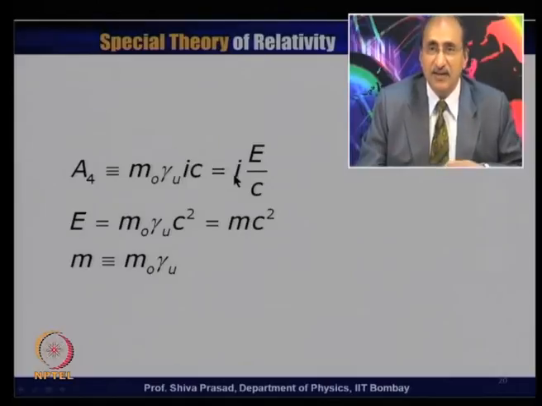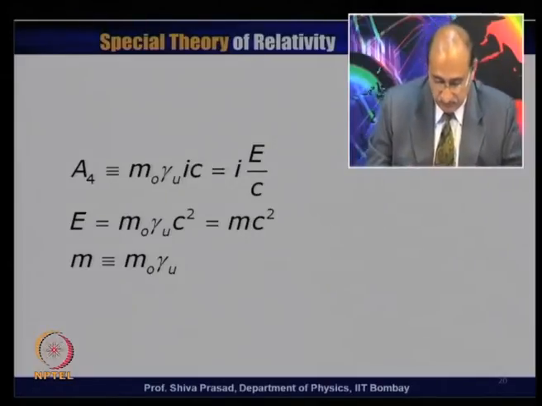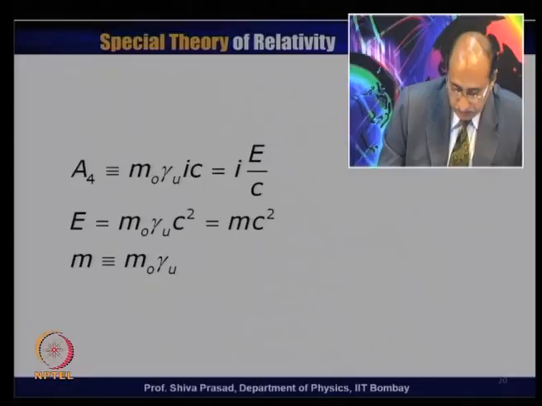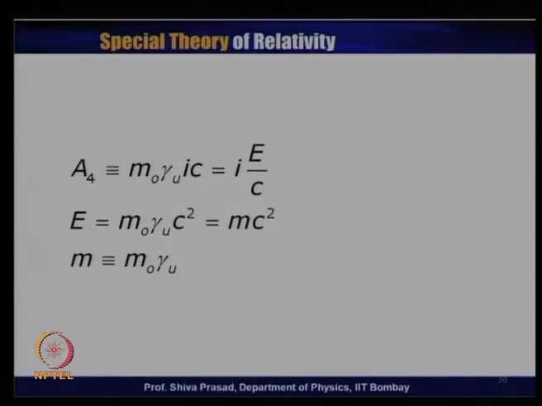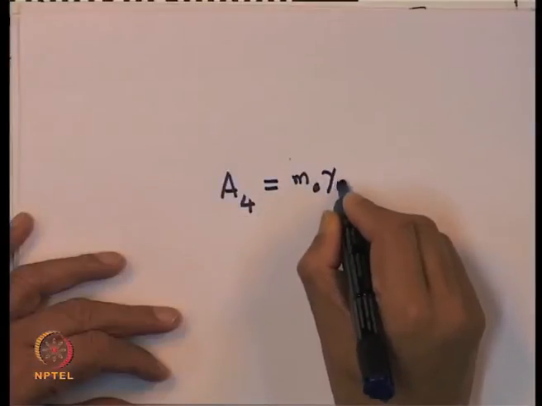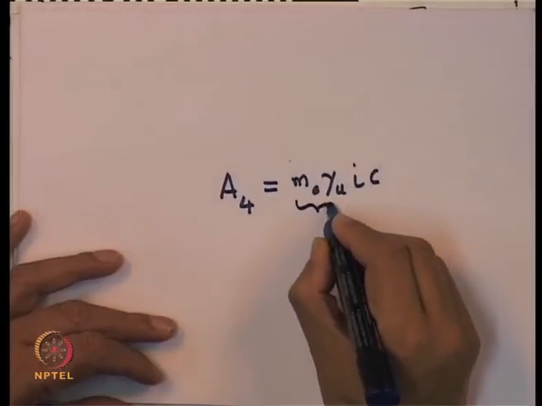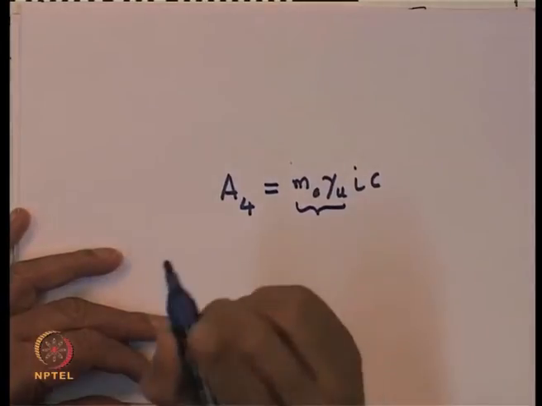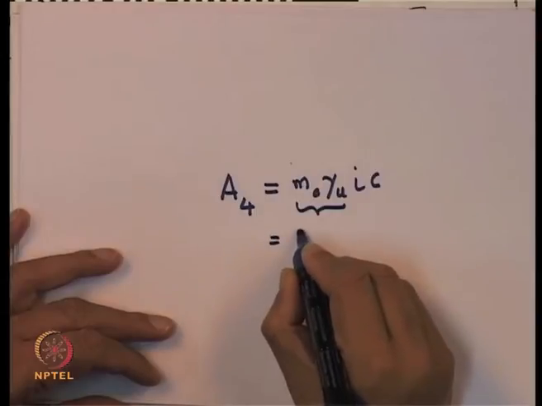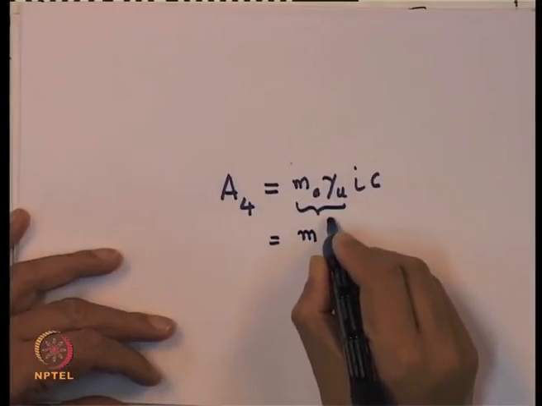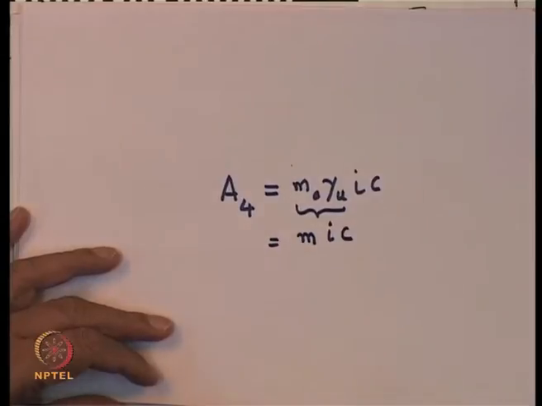Let me just take a little bit of time to explain once more. So, I had A4, which I wrote as m naught gamma u iC. Now, this m naught gamma u I call as m. I write this as m iC. Now, I want to call E is equal to mc square, because that has the dimension of energy.